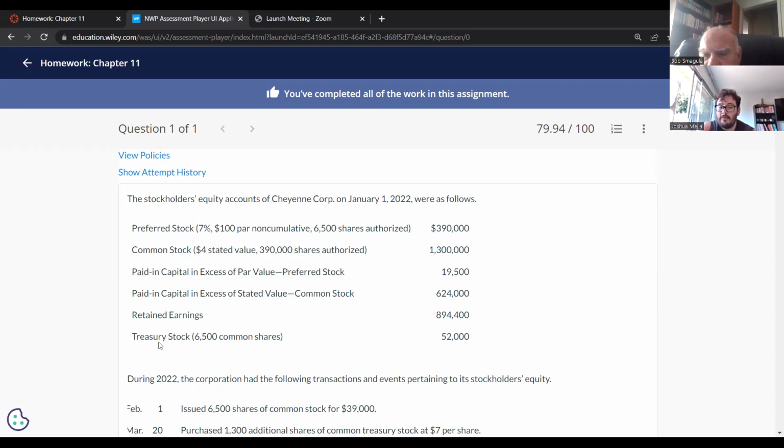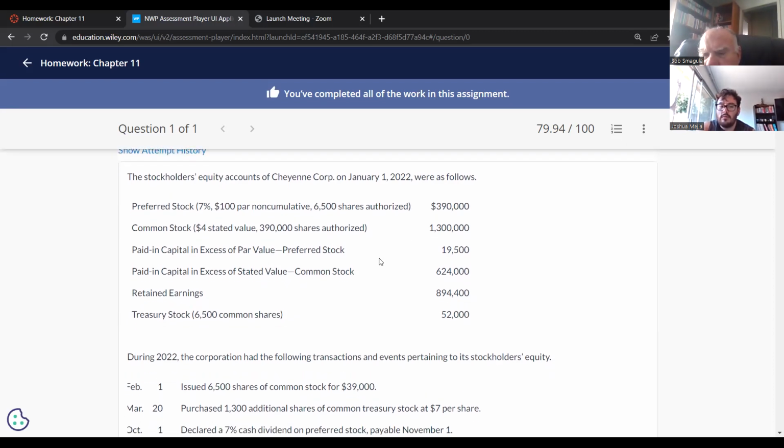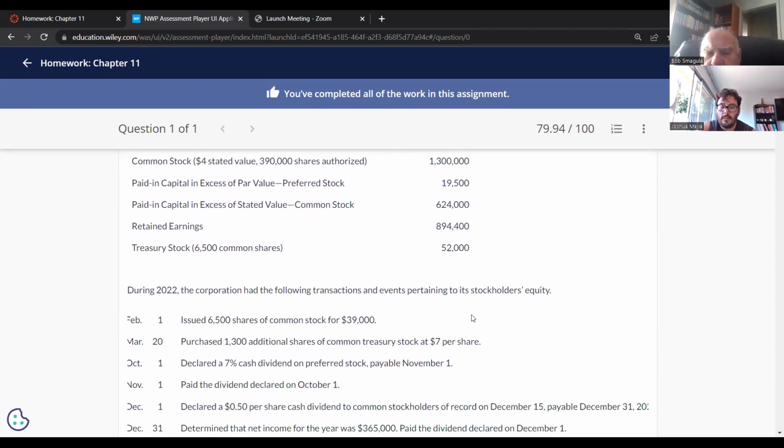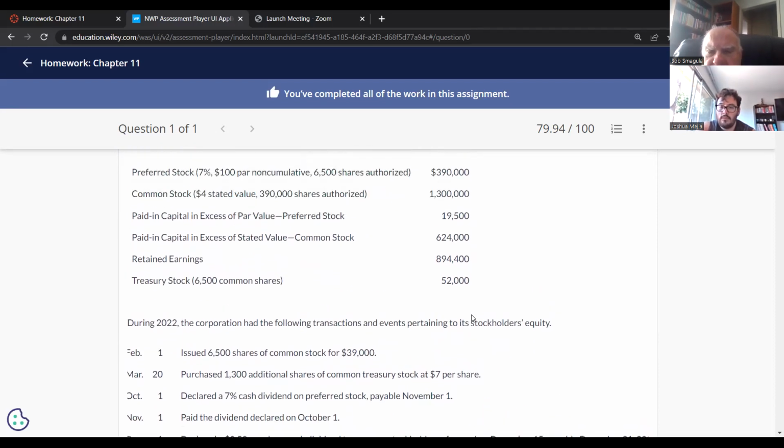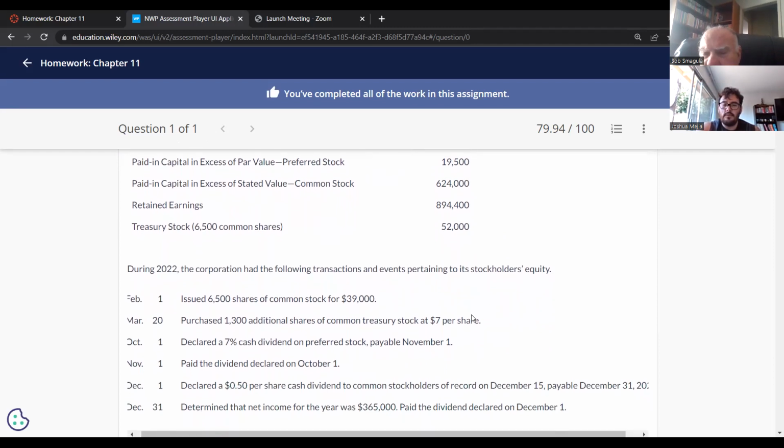Yes. So when they have treasury stock, we just subtract from whatever's been sold. That's right, that's how we got that number. Treasury stock has the impact of reducing the outstanding shares. Okay. And that's one reason companies buy treasury stock, because they want to make the earnings per share look bigger. They might attract more investment.